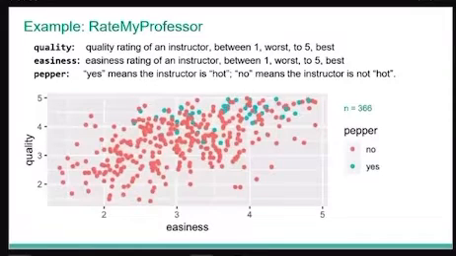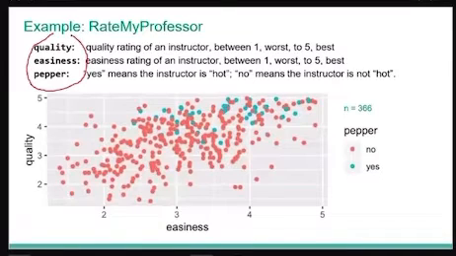I want to go into another data set now, the rate my professor data set, and we want to consider three variables: quality, easiness, and pepper. Quality is the response variable. The other two are independent, explanatory variables.